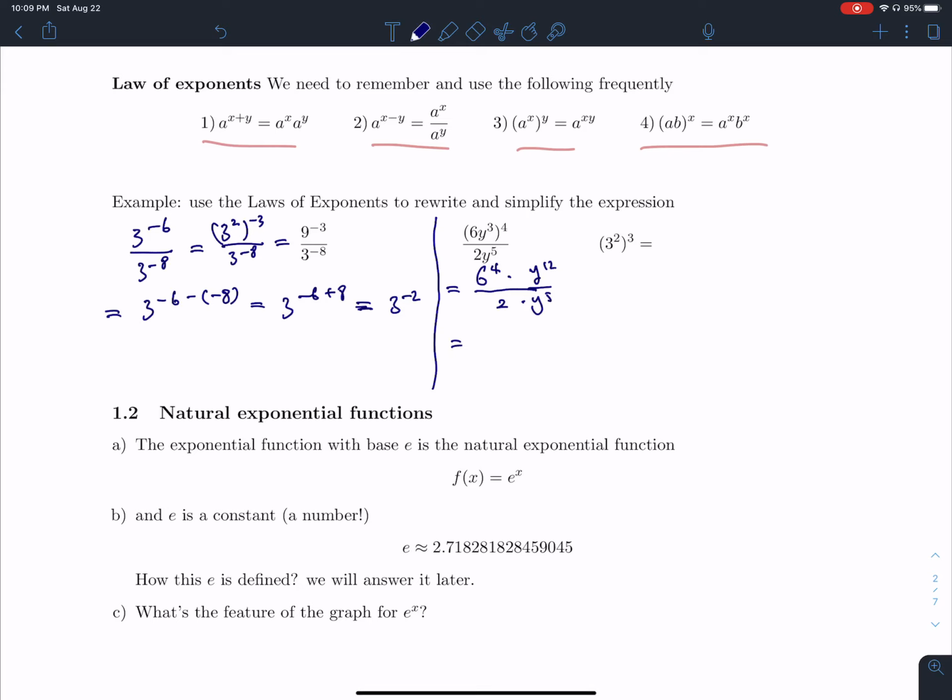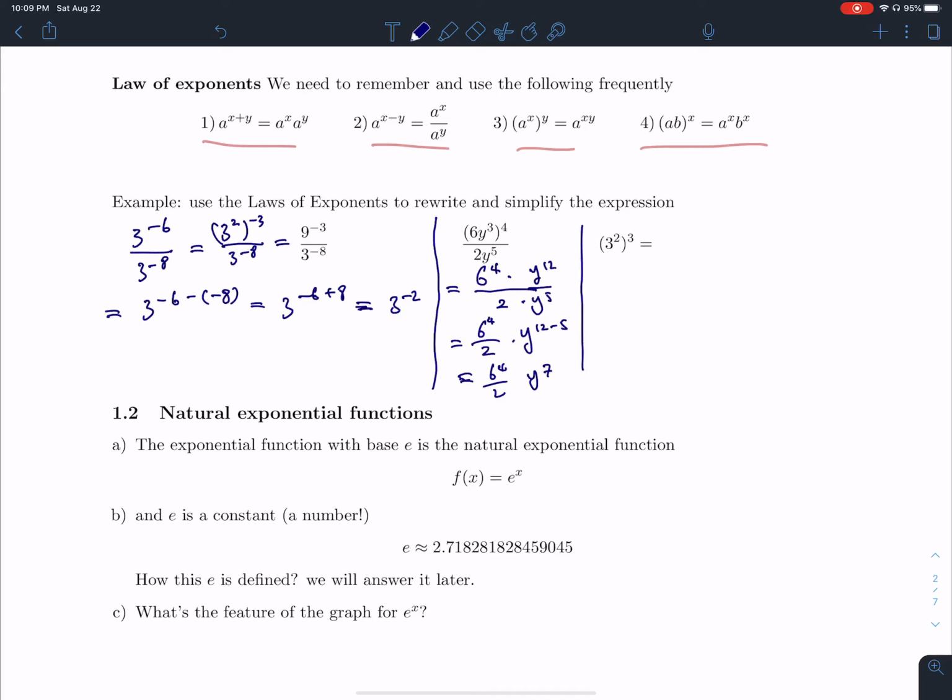First of all, we can separate this because it's multiplication in both the numerator and the denominator. By the way, this 4 is on the shoulder. Okay, so y to the power 12 divided by y to the power 5. We have to use law number 2 again. So it's y to the power 12 minus 5. So this is y to the power 7.